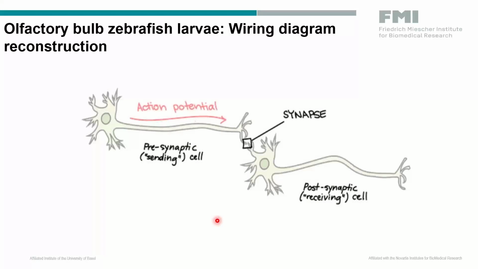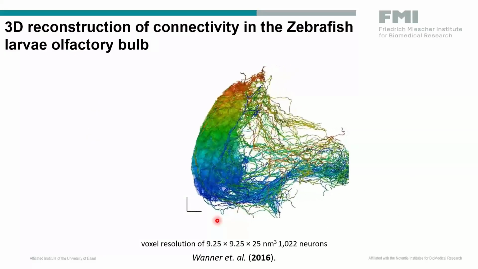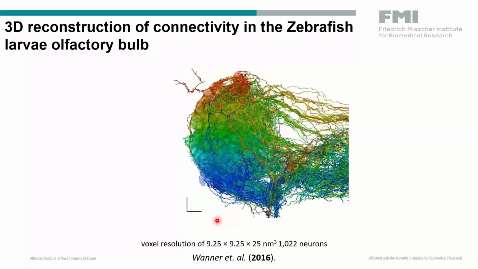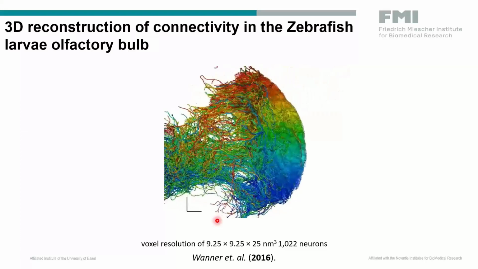I forgot to quickly show you what synapses look like, but I think maybe you all know how they look. That's just a scheme of how a synapse contacts cells, makes contacts, and how they talk to each other. So finally, this is the 3D reconstruction of connectivity in the zebrafish olfactory bulb.